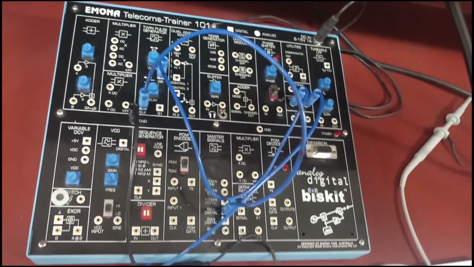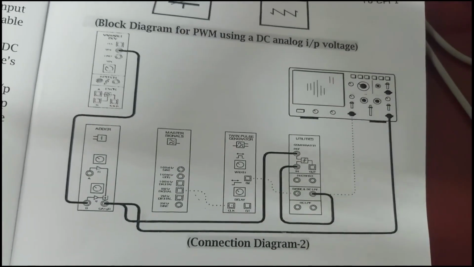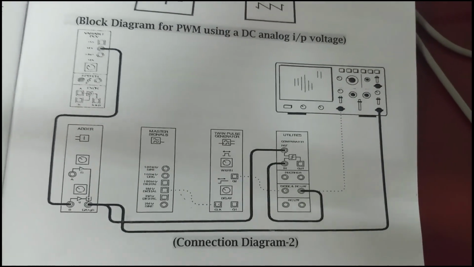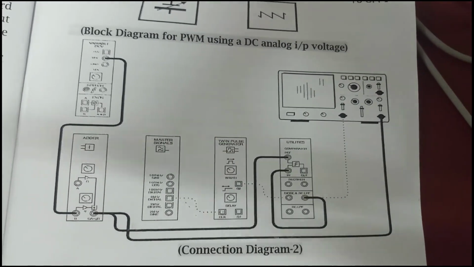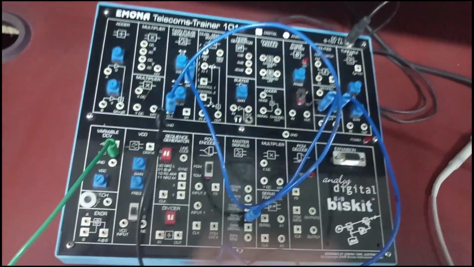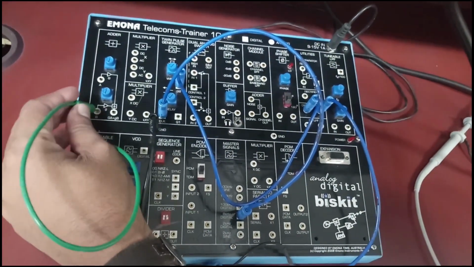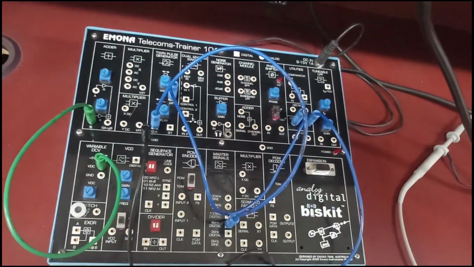You see in the connection diagram, first is to generate the sawtooth waveform. The sawtooth part is done, and we will give the input. So here the input is connected from VDC to one input of the adder module.